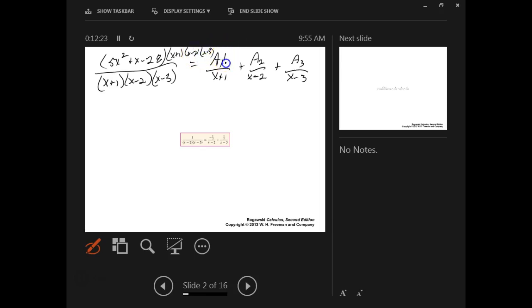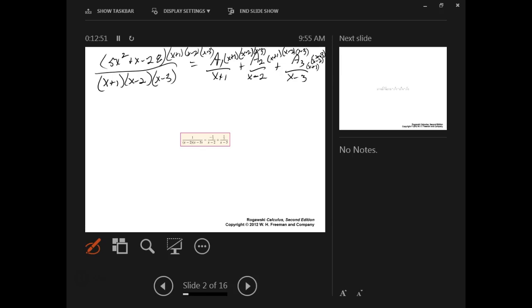Multiply this one by it, this one by it, and this one by it. Running out of room, but we did it.